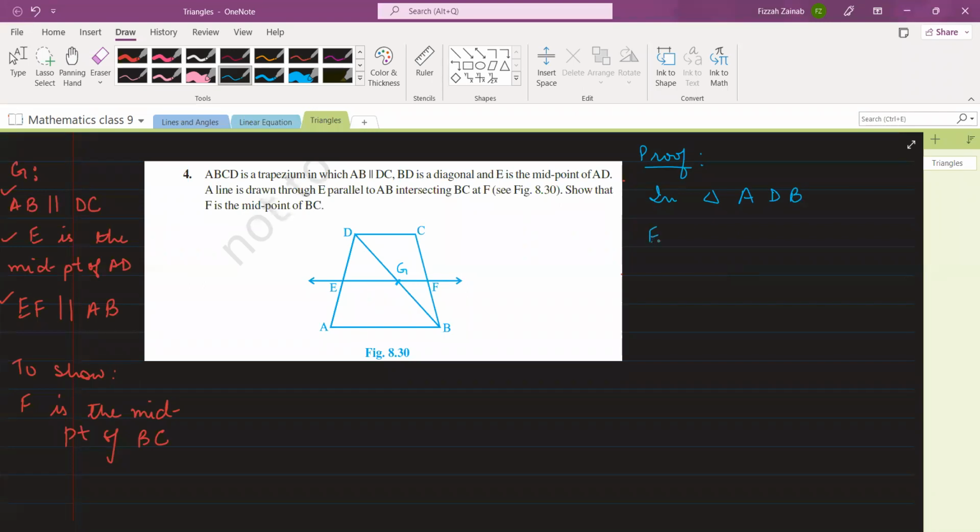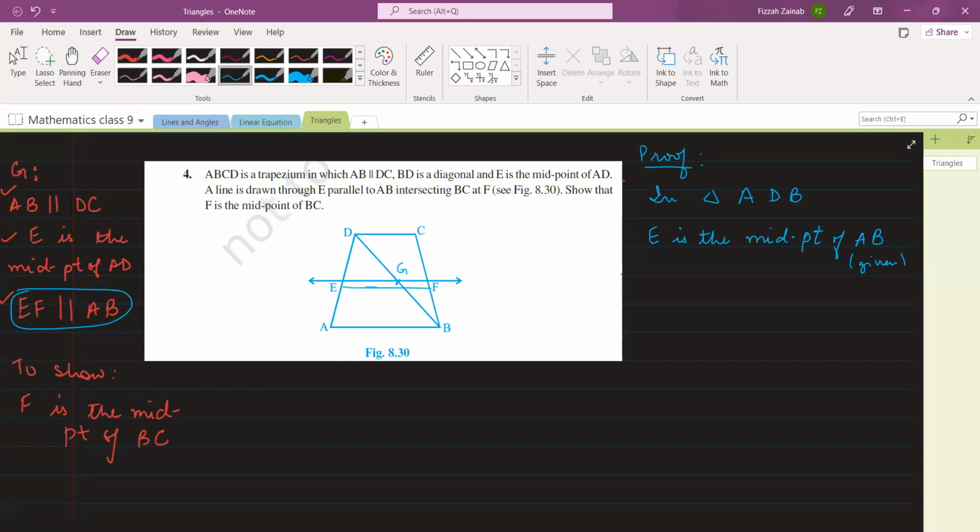Because E is the midpoint of AD, correct? Already given. This thing is given to us. Okay. Now, this whole EF is parallel to AB. So this complete line is parallel.